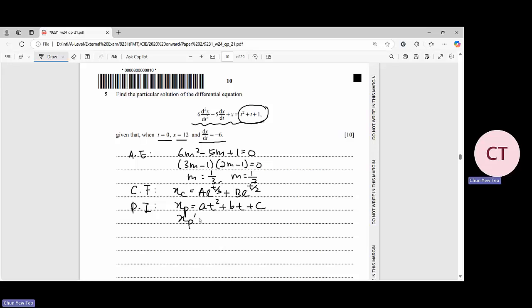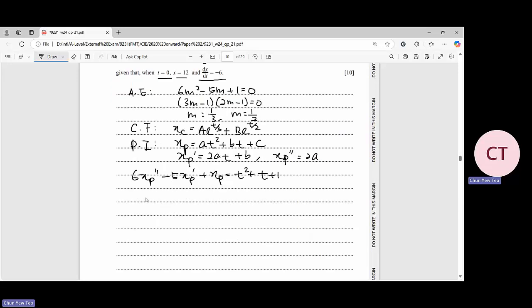So we differentiate it for the first time, and we differentiate for the second time. You get 2a. So replace them inside the differential equation: 6x double prime minus 5x prime plus x will be equal to t squared plus t plus 1.